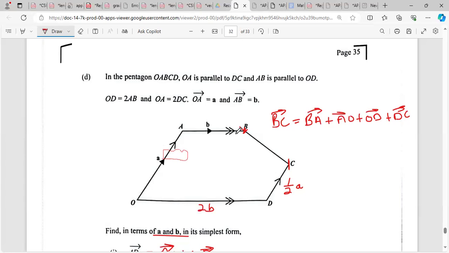From B to A, this is going against the arrow, so that's negative B. Again, A to O is against the arrow, so that's minus A. Here we're going with the arrow, so that's 2B.